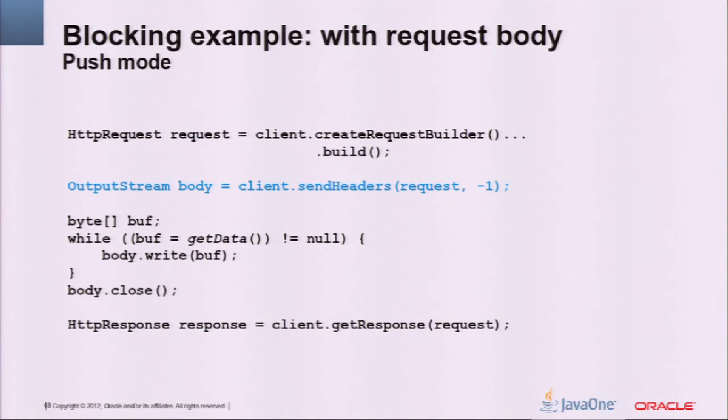That can be either a positive number, which is an exact number of bytes, or it can be the value -1, which indicates an indeterminate number of bytes, and the caller can send any number. Once you get the output stream, then you can use the normal pattern for writing through output streams, where when you're finished you call close, and as in the previous example, you just call client.getResponse to get the response to that request.